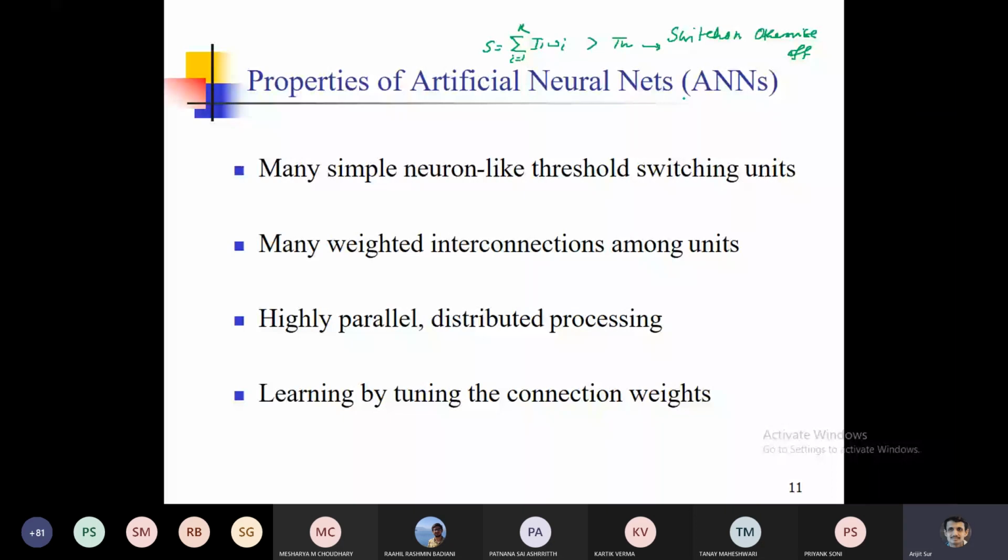So, many weighted interconnections. Now you see there are weighted interconnections. That means the inputs are somewhat weighted. Okay, these Ii are weighted. Otherwise, highly parallel distributed processing, because it is not just a single neuron. Maybe this is one neuron, two neuron, three neuron. It's possible that you can get a lot of interconnections.